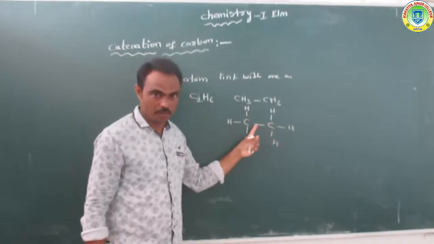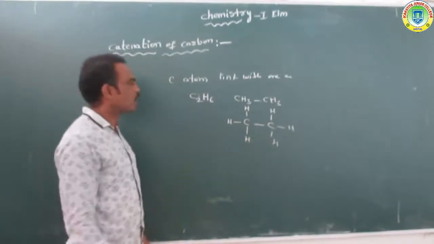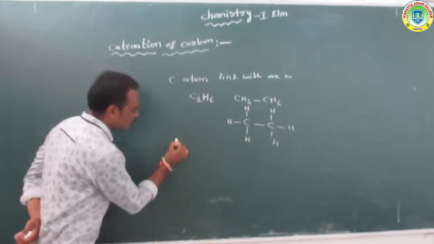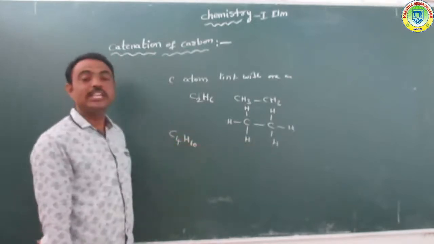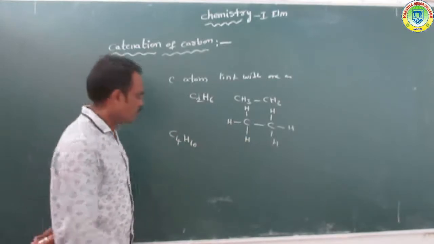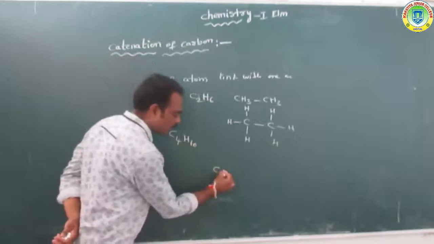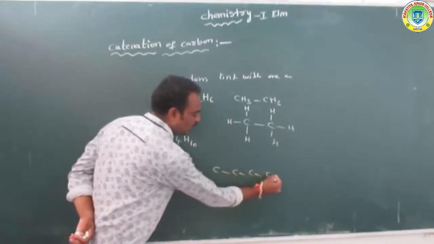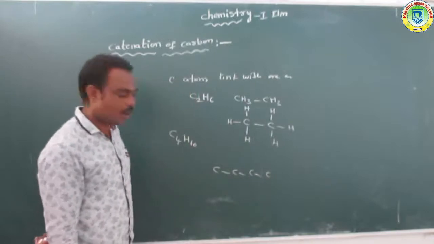Suppose for example we take another compound, C4H10. C4H10 means butane. First we write the carbon atoms. How many carbon atoms? 4. Each carbon atom contains 4 bonds.